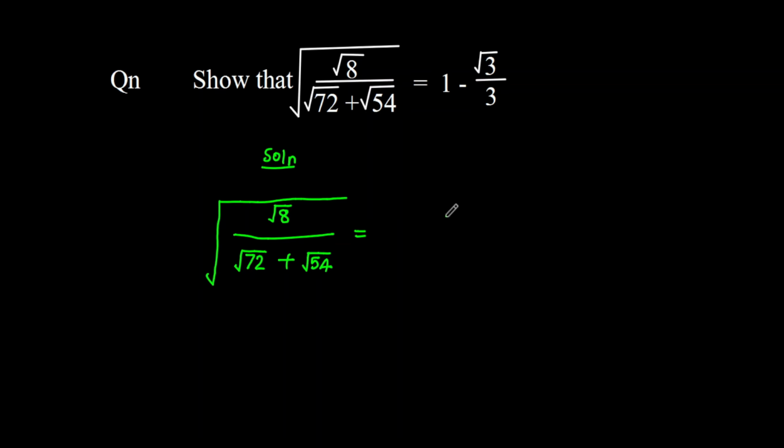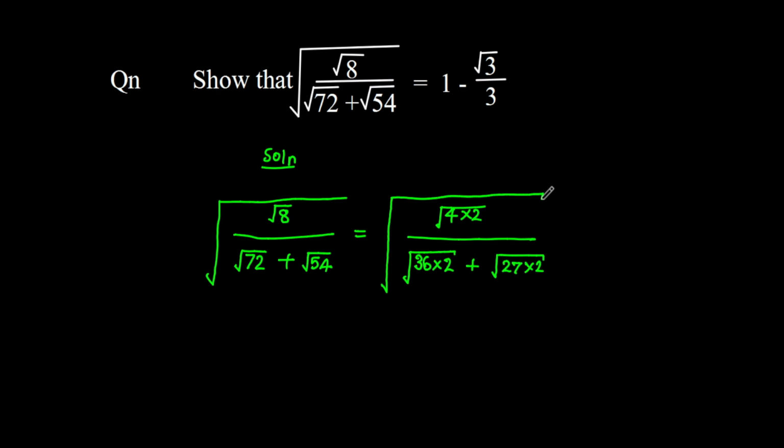Now 8 can be split as 4 times 2, and from the denominator we have 72 can be split as 36 times 2, plus 54 can be split as 27 times 2, and all is under a square root.